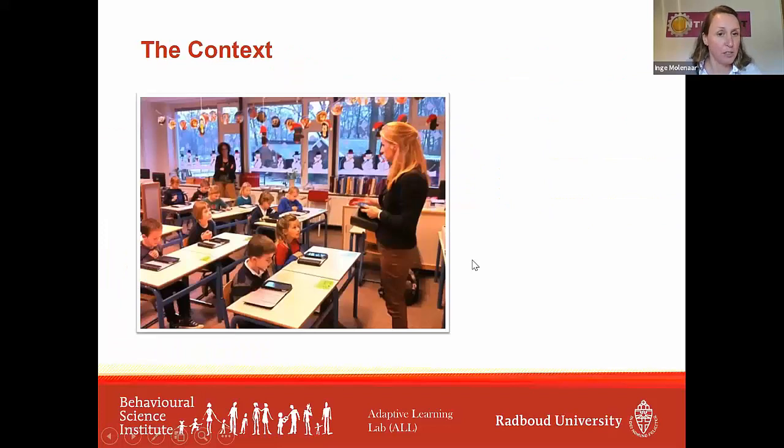But first, before I talk more about the app, let me explain the context in which we are working. We're working in primary schools in the Netherlands, and children range in age from 6 to 12. Within these schools, students typically work with adaptive learning technologies on a daily basis.